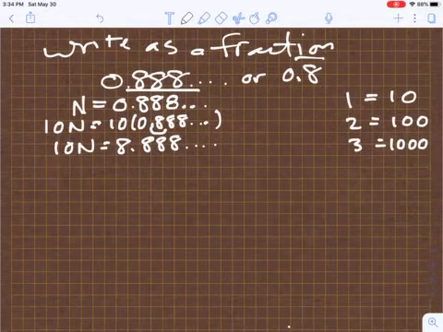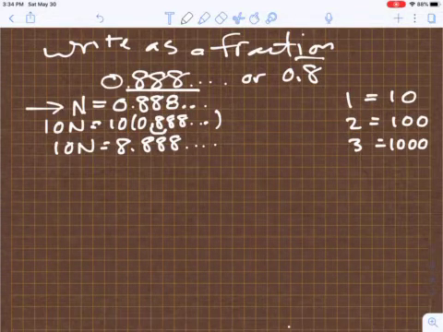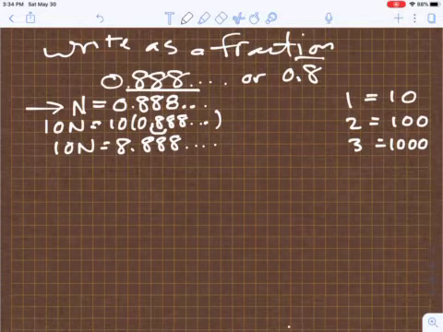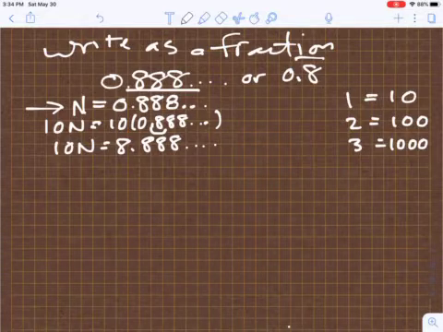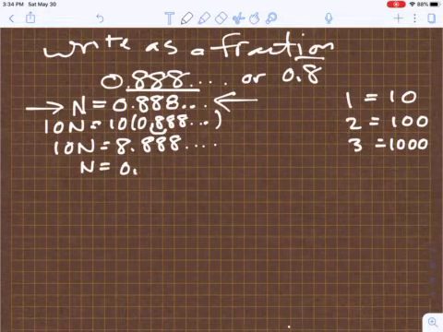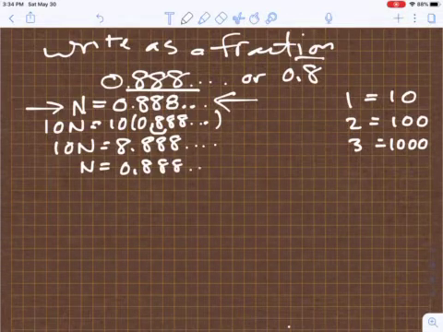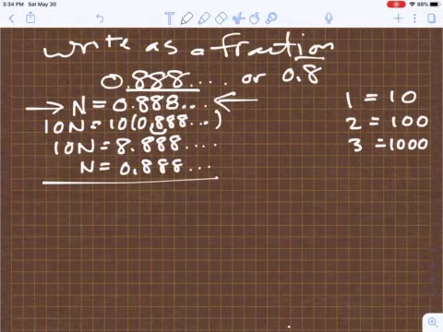Now the next thing, and this is where it's weird because it doesn't really make any sense while you do it, I'm going to subtract n from both sides, or from this equation. So I have this 10n equals 8.888, and I'm going to subtract this from it. So I'm going to subtract n equals 0.888 repeating, and 2 really wild things happen.